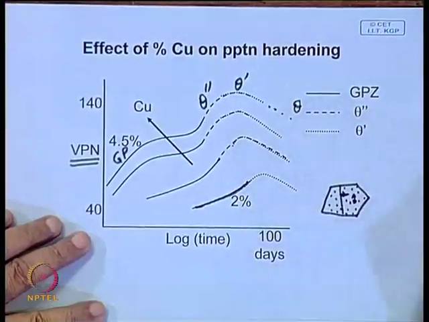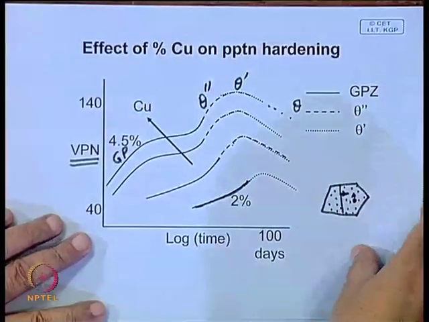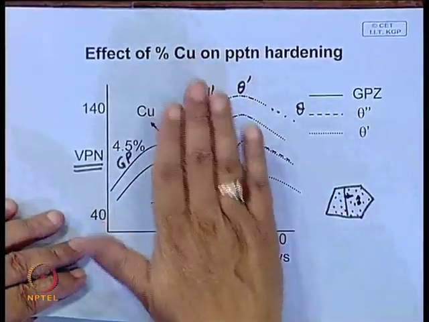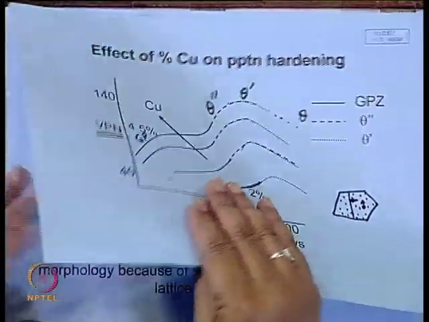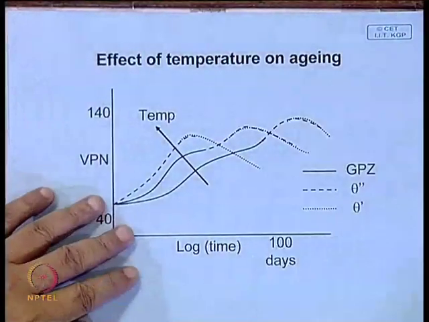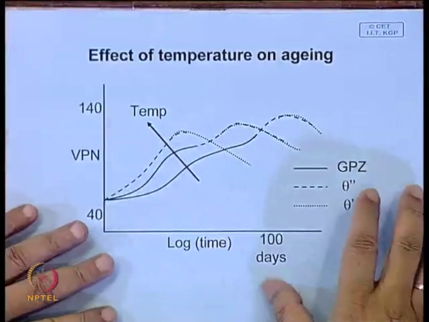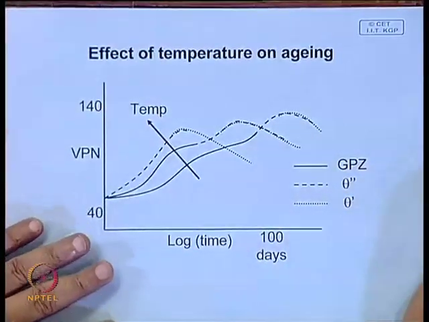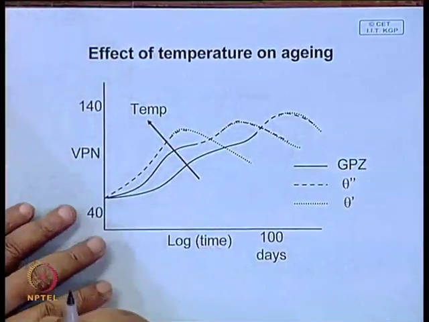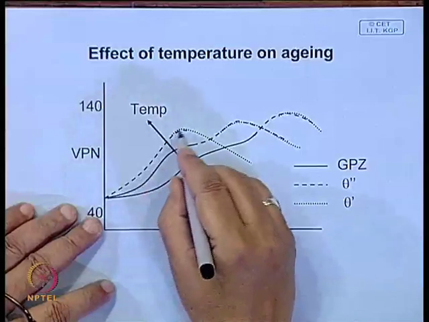So, that will provide a more effective barrier to dislocation movement. That means the extent of hardening will depend on the chemical composition, the alloy content, as well as the time of aging. It will also depend on the temperature of aging.